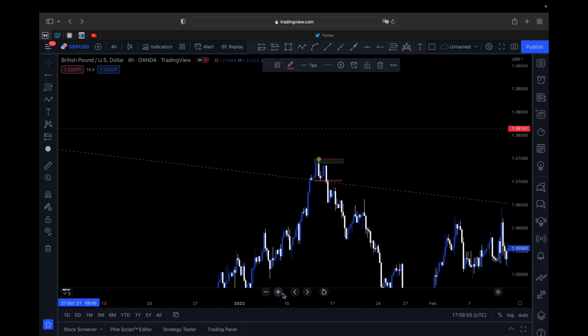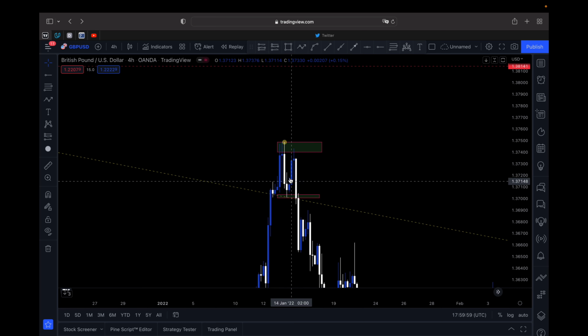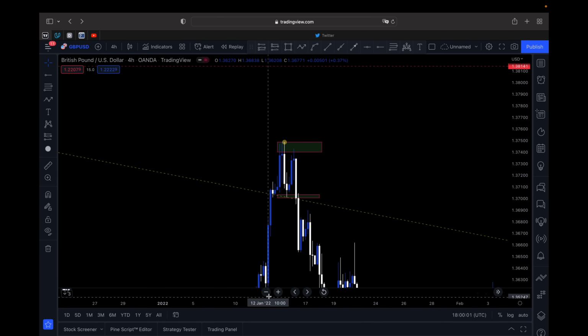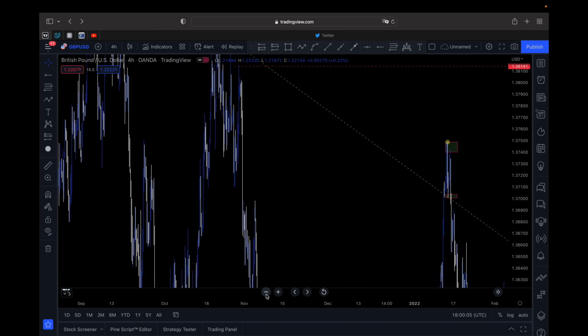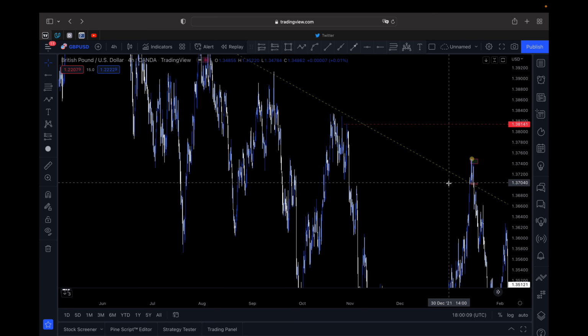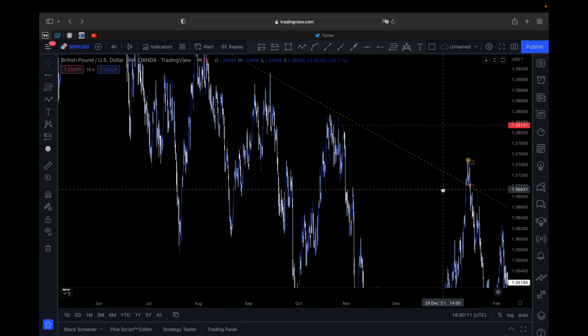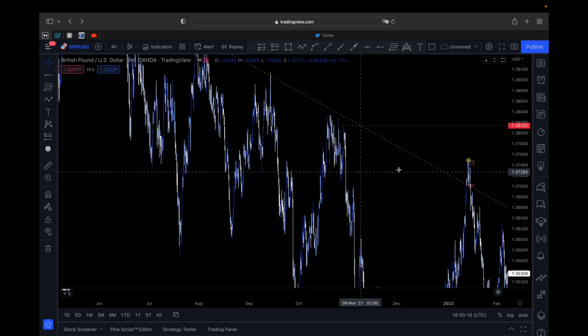Now if I was looking at buys for this after the breakout, I would be waiting for price to either go to the nearest support level or create one for me. So for me, this is the nearest support level here. There is one here which obviously broke out.